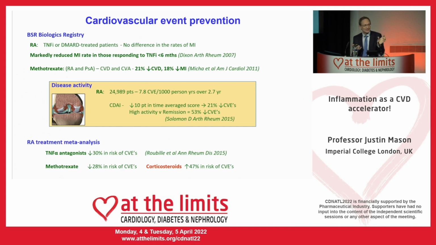And again, if you do subset analysis and take those who do not respond to treatment and have high activity joint disease, compared to those that go into remission, you can reduce cardiovascular events by 50%. And subsequent meta-analyses shown at the bottom of the slide illustrate very similar data and intriguingly suggest that if patients are on long-term corticosteroids, the opposite effect is seen and cardiovascular events are more frequent.